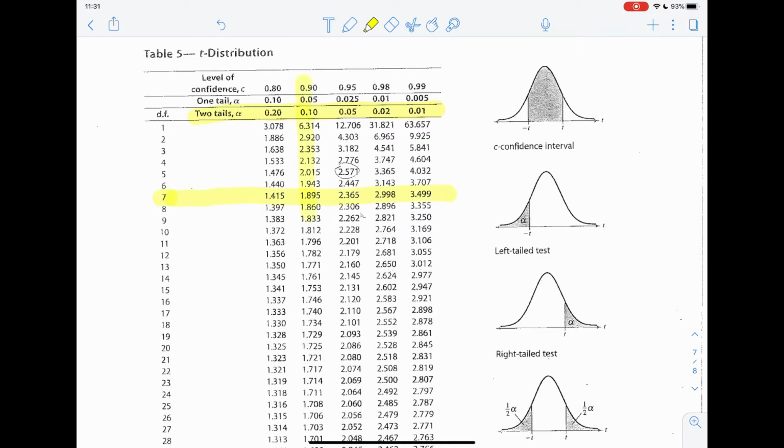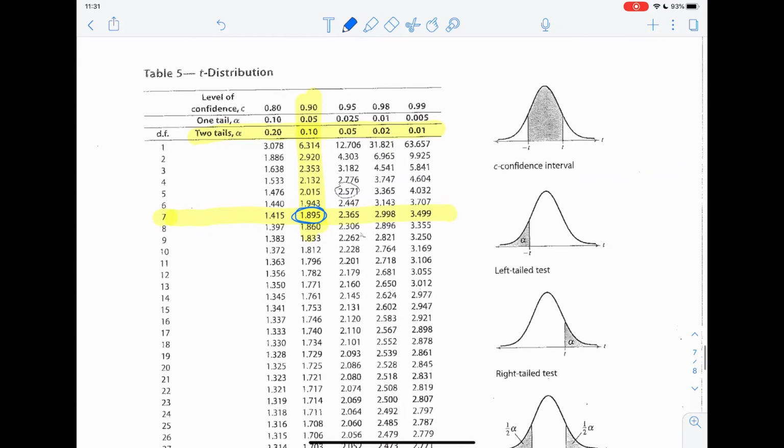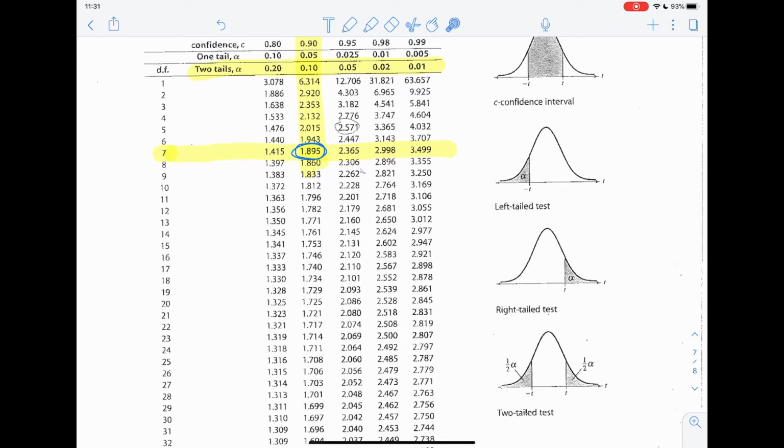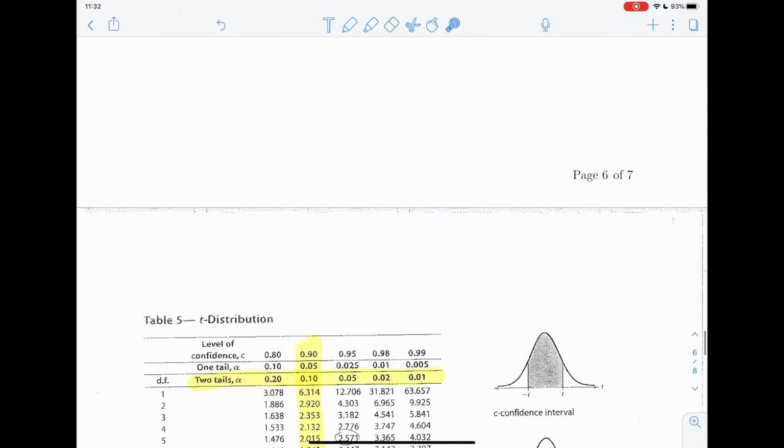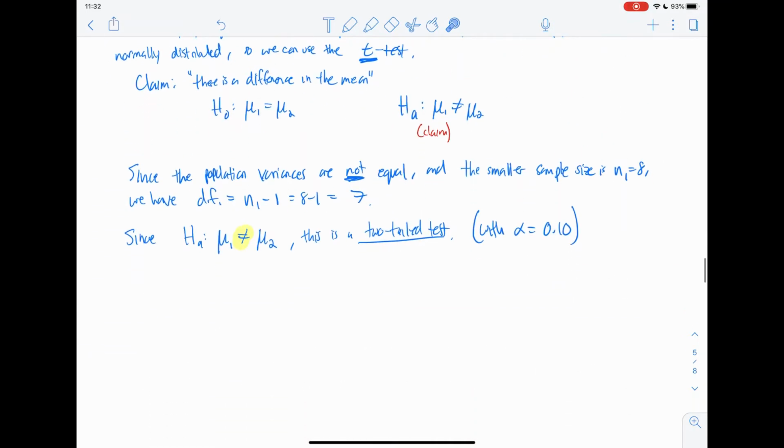We go down column 2 and we see that the overlap is right here at 1.895. Since this is a two-tailed test, remember, of course, just like we have down here, what that means is that the left tail is governed by negative t and the right tail is governed by positive t, where t is 1.895.